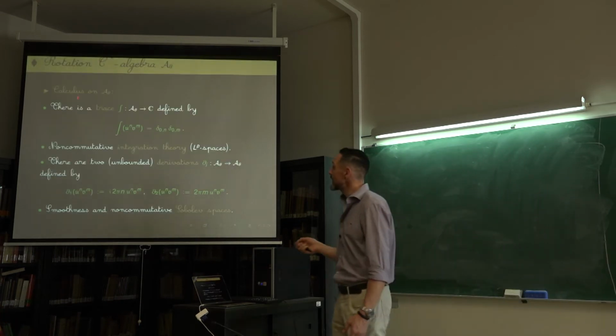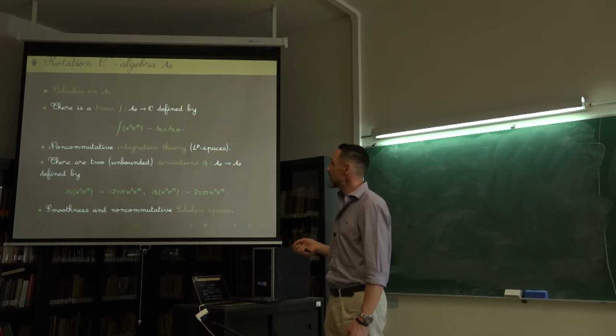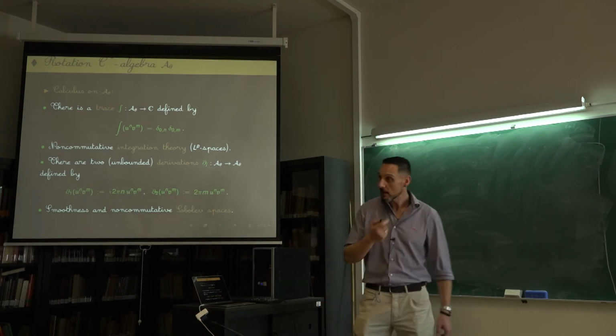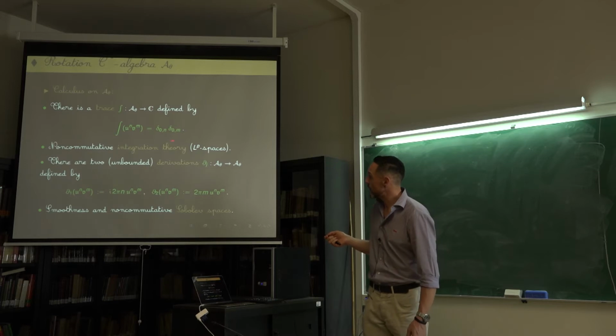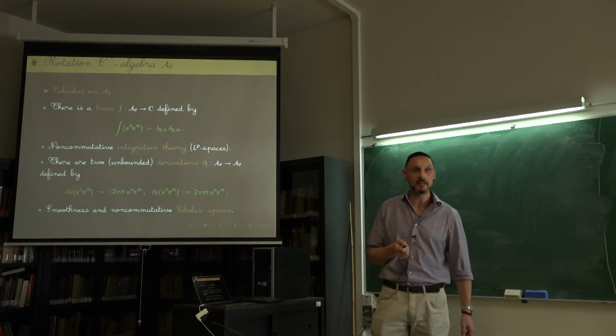What I can do, I can integrate. I can define a trace on this C-star algebra just by this prescription. The trace of this monomial is 0, except in the case when this monomial coincides with the identity.